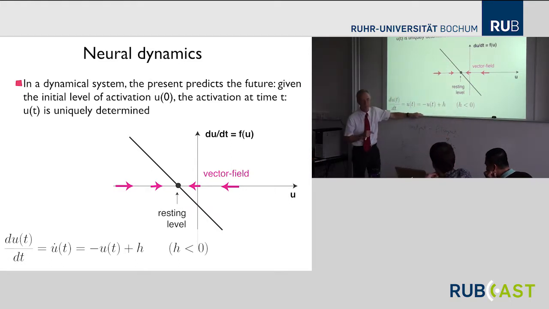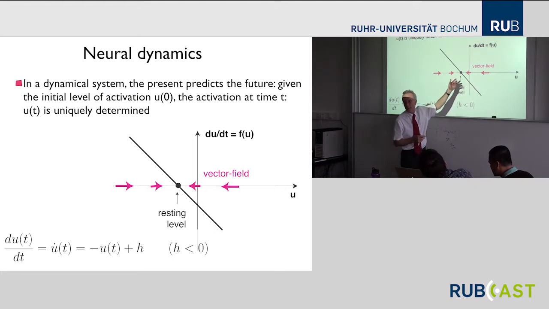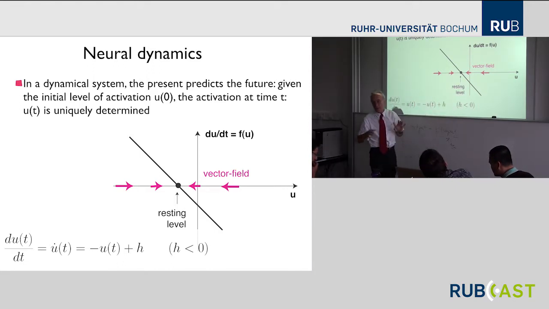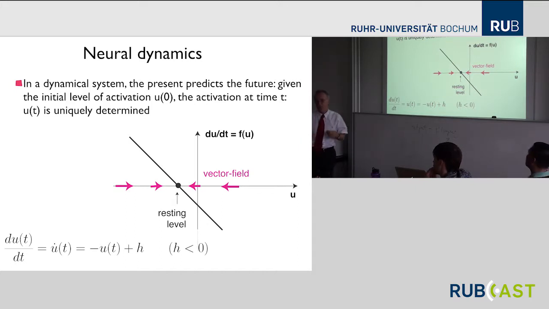This is actually mathematically deep. This is called a vector field because u spans the field, and for every value of u, you have an object of the same dimension. In this case, it's just a signed number, u dot. And that generalizes actually if you have many neurons, a high-dimensional vector of neurons, then you can say the dynamics of the neurons is a vector field.